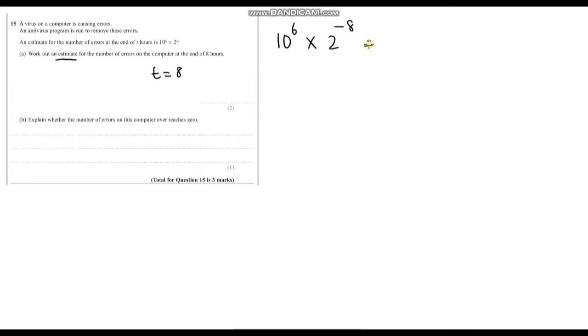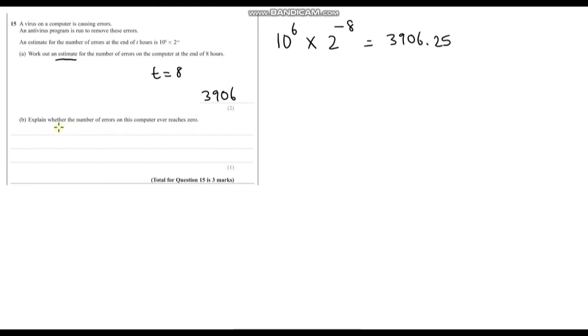So 10 to the power 6 multiplied by 2 to the power negative 8, which gives us 3,906.25. So this is only an estimate, so we can round this. Let's round it down to 3,906. I don't think you can have a quarter of a virus. I might be wrong, but we'll just round it to the nearest virus.